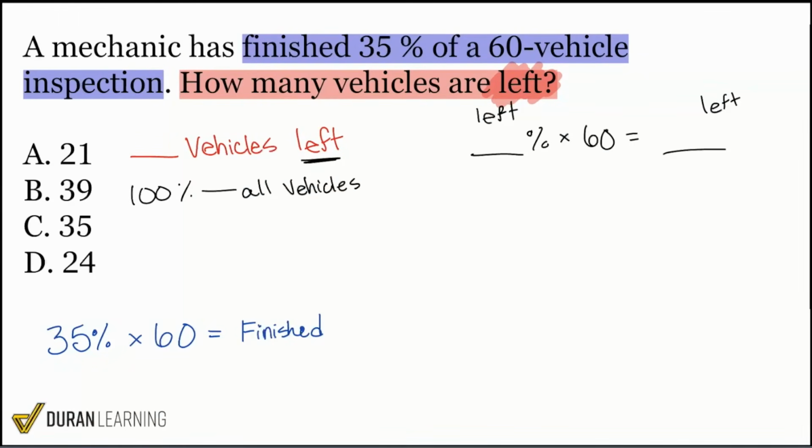And if I take away the percent that are finished, that's 35% that are finished, that's going to give me the percent that is left. Again, it's all about that formula here with percentages. And so 100 minus 35%, that's going to be 65%. So what we know about this is that we have 65% of the vehicles left.